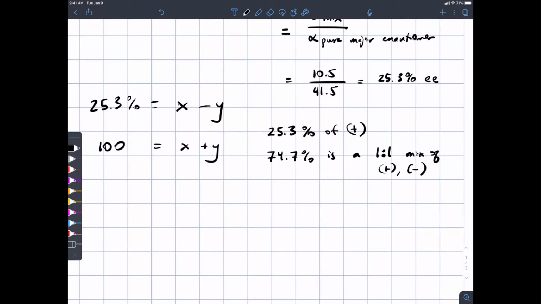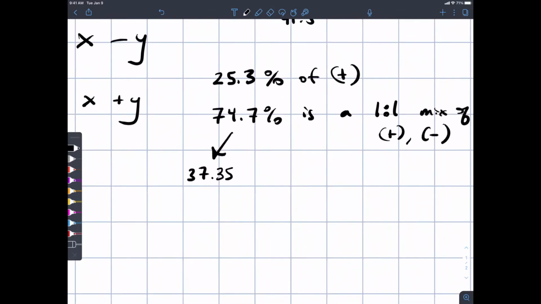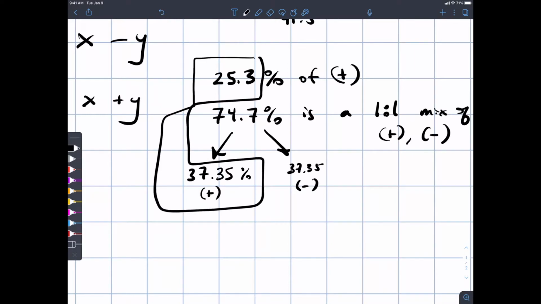So all I would have to do at this point is divide 74.7 by 2, and I would get 37.35. Don't worry about significant figures. That's 37.35 of the plus enantiomer and 37.35 of the minus enantiomer. So the total amount of the plus enantiomer is the sum of those two numbers, which is 62.7%, and we'll call the minus 37.3-ish.